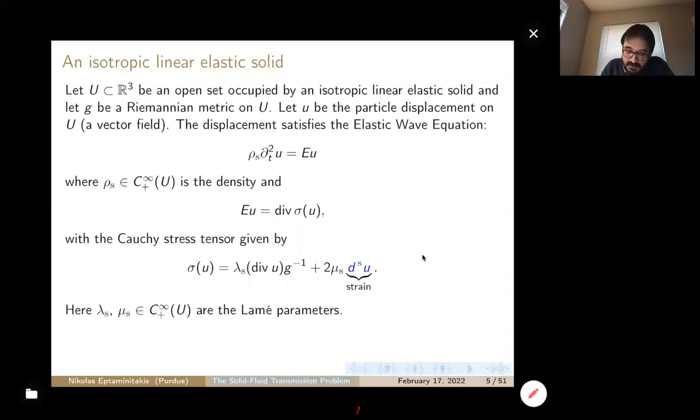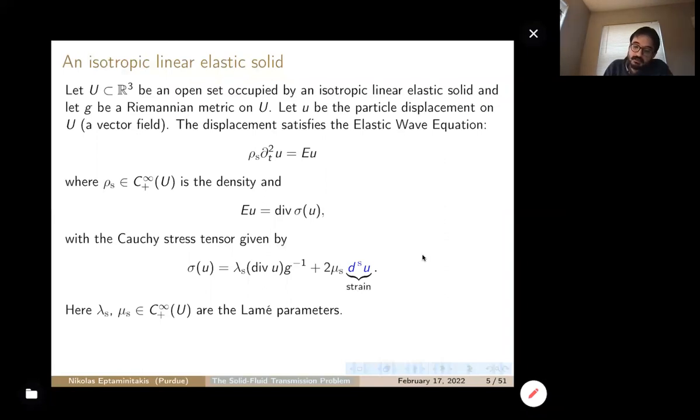And the Cauchy stress tensor is given by the bulk modulus or incompressibility modulus times the divergence, where we assume that we have a metric divergence with respect to G, times G inverse, plus 2 times the shear modulus times the Cauchy strain.